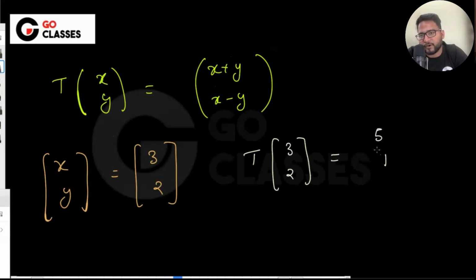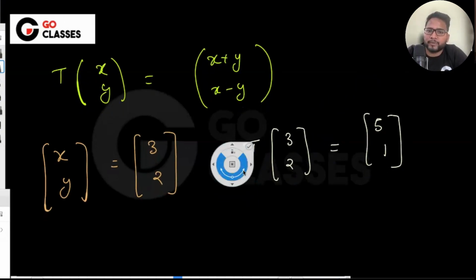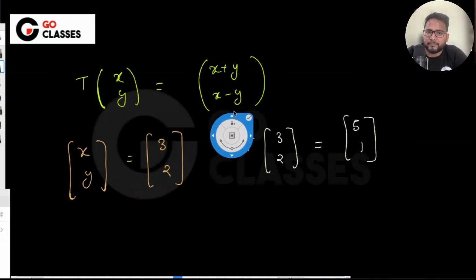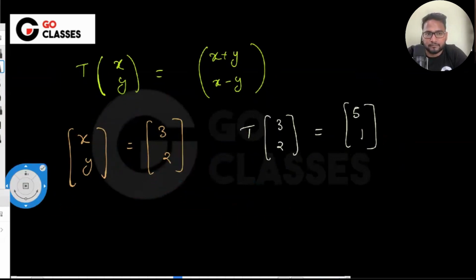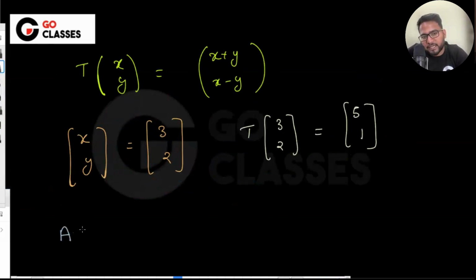It is 5 and 1, right? Now you want a matrix such that if you multiply 3 2 with that, it gives you 5 and 1. I mean, that's what we are looking for. So you want a matrix A such that if you multiply by 3 2, it gives you 5 and 1.